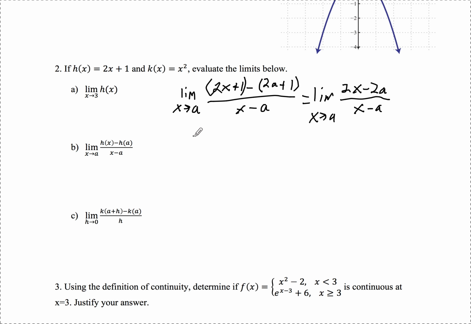I can see some things factor here. So that'll be the limit. Notice I'm carrying my limit sign all the way through. You have to do that. Factor out the 2, so I end up with x minus a over x minus a, and voila, our x minus a's will cancel out, and I'll be left with simply 2.